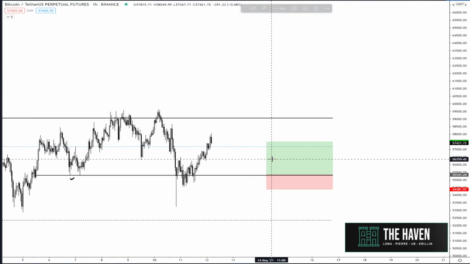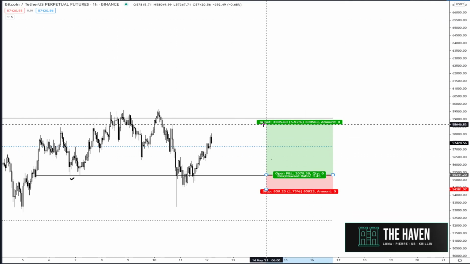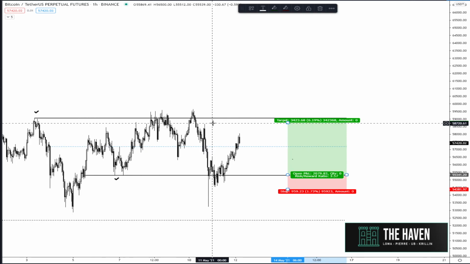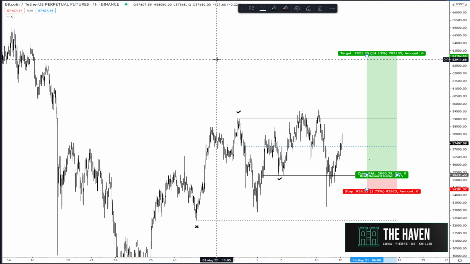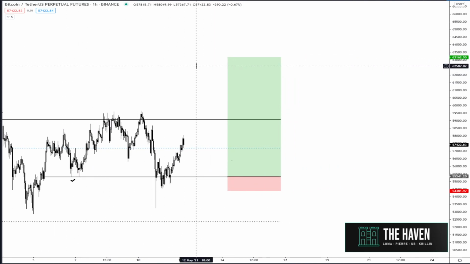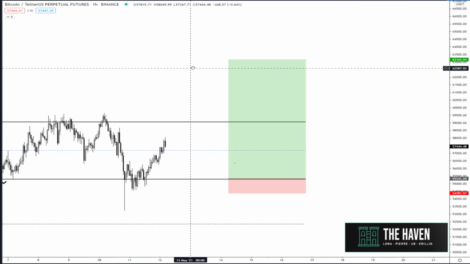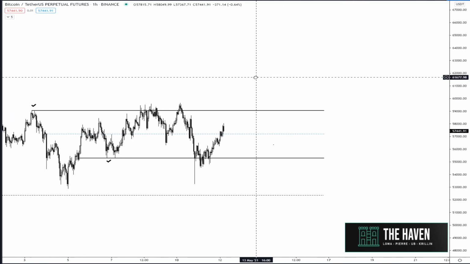Same for a short. Okay, and then my second take profit will be the range high, most likely front running it almost every time. And then my third take profit will be some sort of resistance over here or to the left of the chart. And yeah, that's how I typically go for setting my take profits.